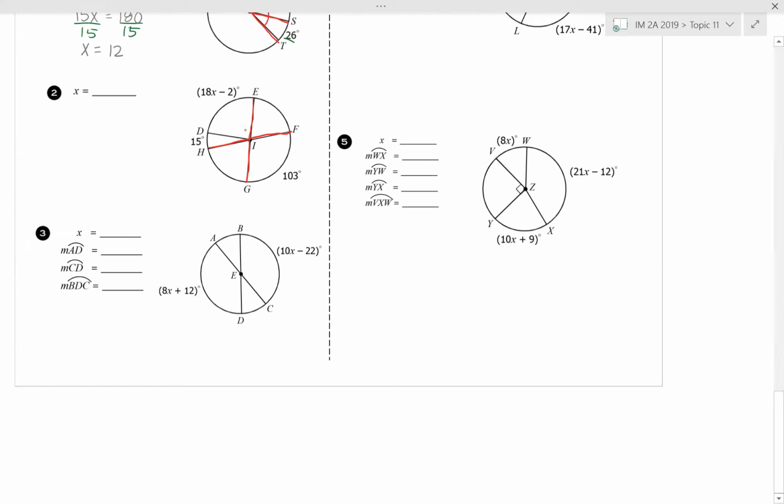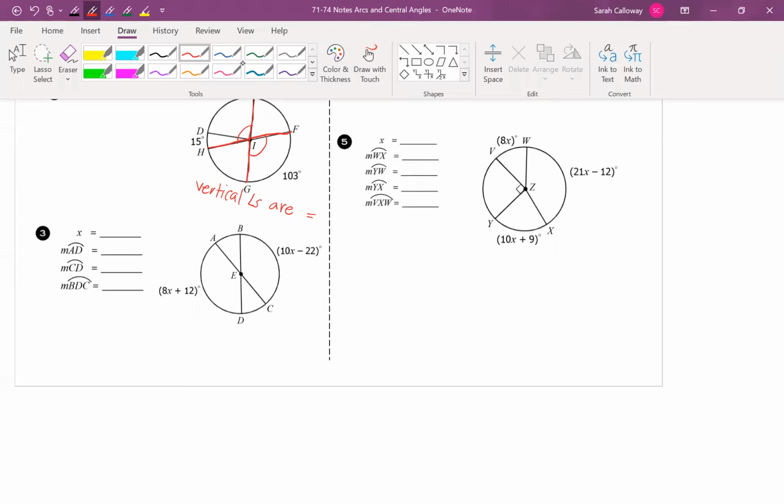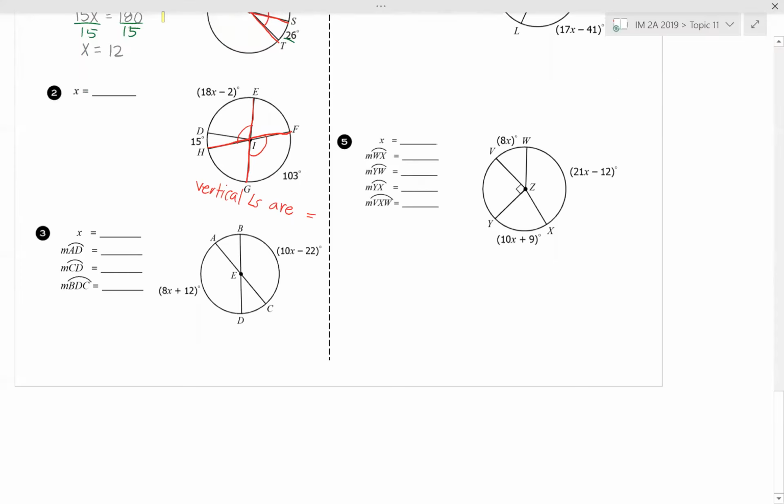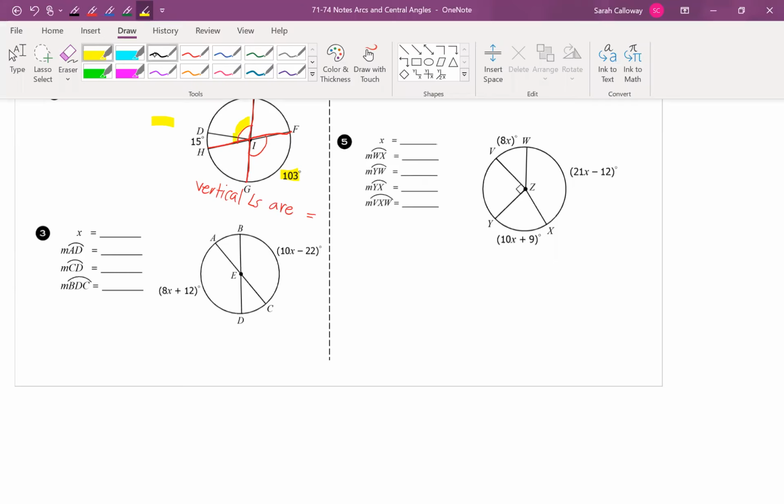Remember that vertical angles are angles that share a vertex but are across from each other, and those are equal. So since this is 103 degrees over here, this also has to be 103 degrees.